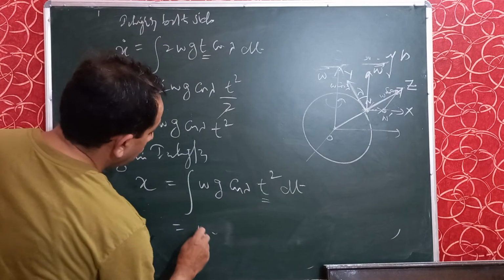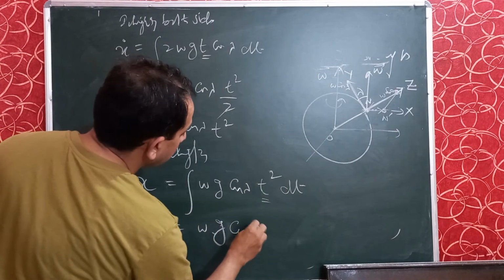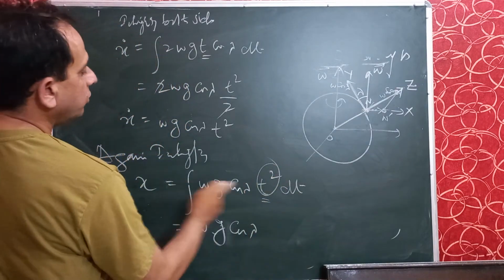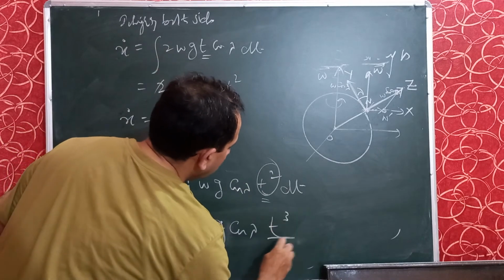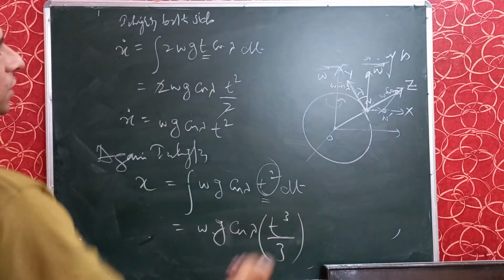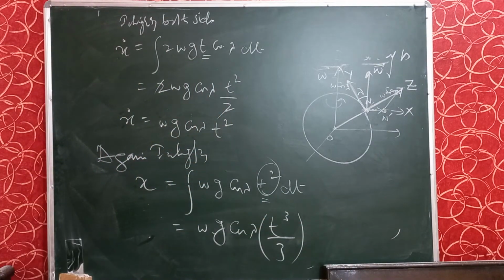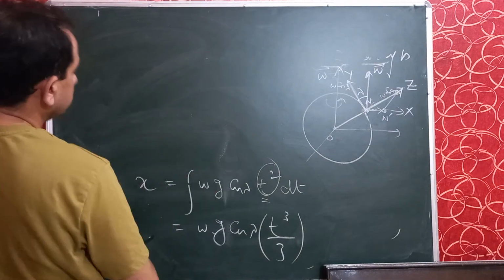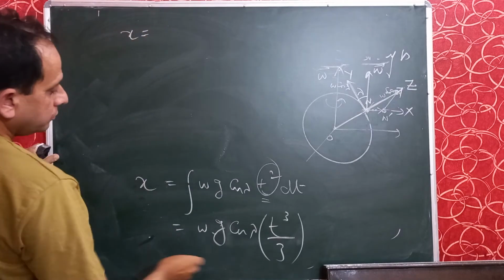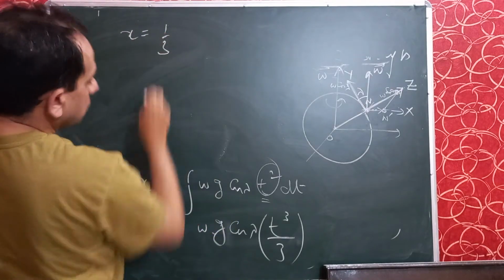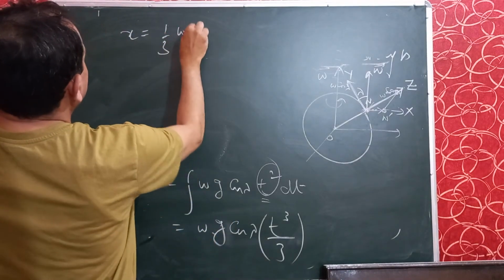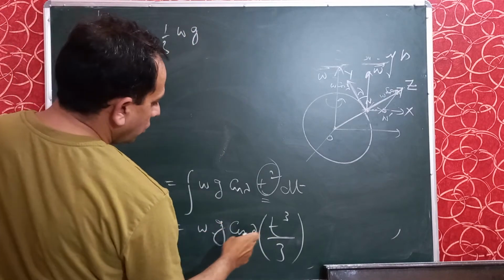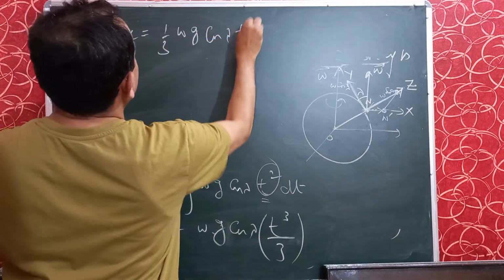Omega, g and cos lambda are constant, and the integral of t square is t cube by 3 plus a constant, but the constant is 0. So x becomes 1 by 3 omega g cos lambda into t cube.